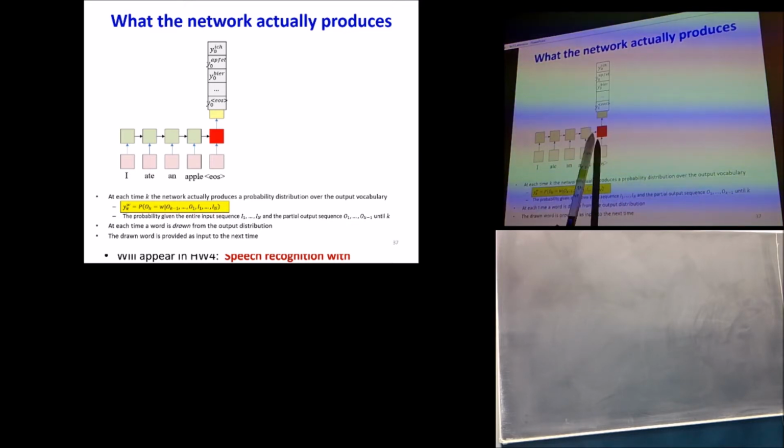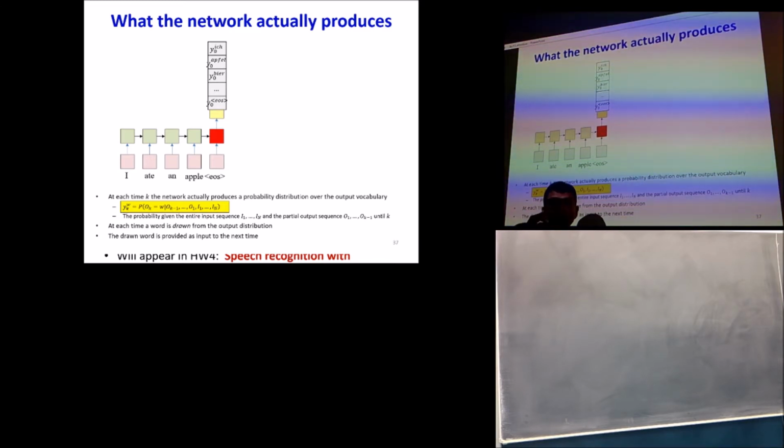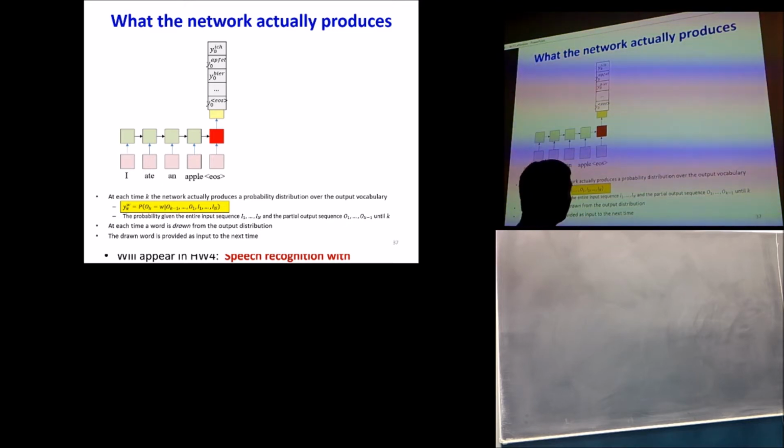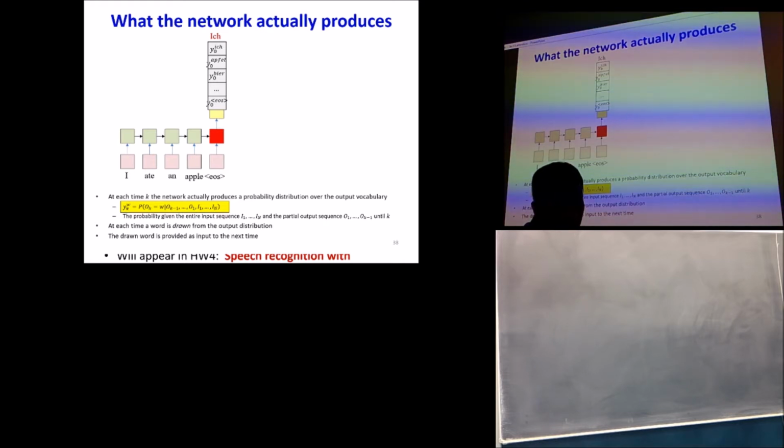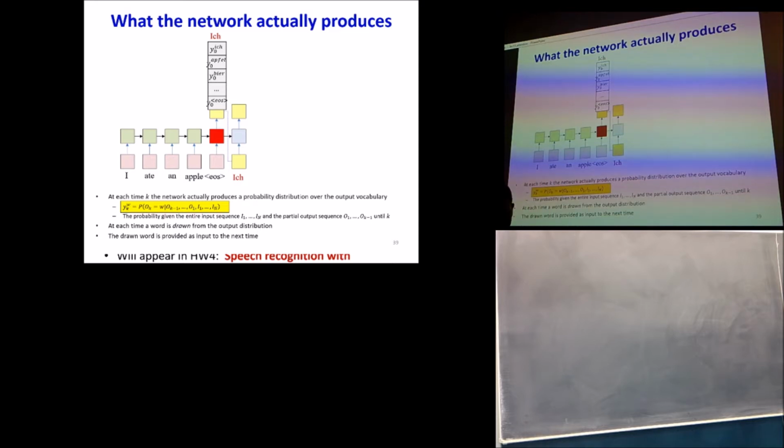From this probability distribution, when you output an actual word at the first time instant, you will actually be drawing a word from this probability distribution. And it is this drawn word that is going to be fed back into the network at the next time.